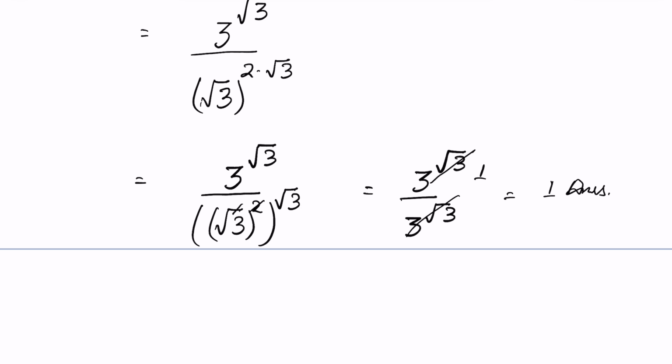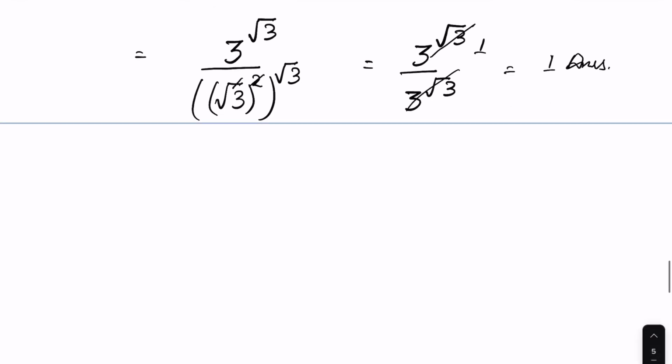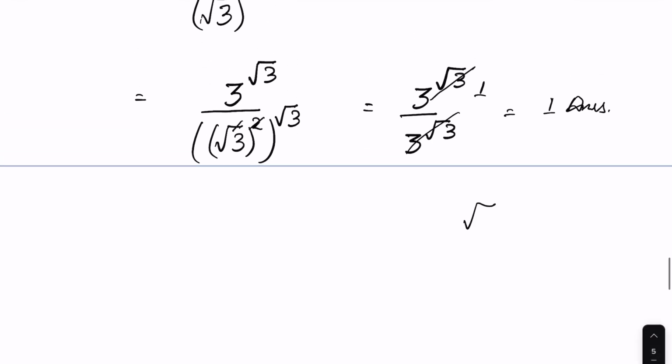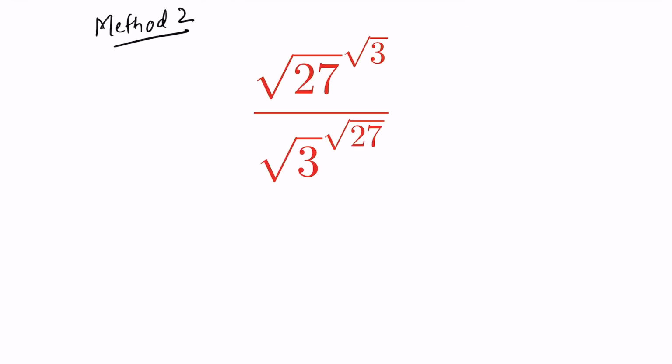Another method is we can use the property of square root, where when a is under square root, it means it is raised to the power of 1 upon 2. So let's use the second method. 27 we can write 3 times square root of 3, and square root of 3 is raised to the power of 1 upon 2.